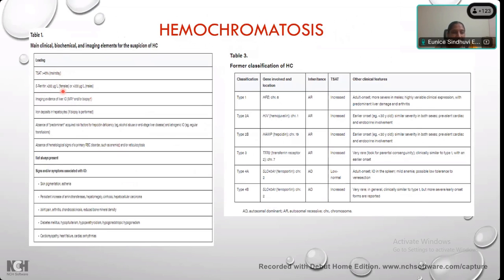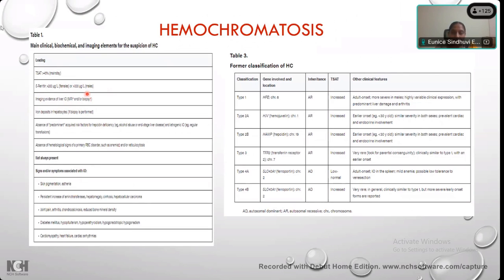And then serum ferritin more than 200 in females and more than 300 in males. And we can do liver MRI for iron overload and or a biopsy of the liver to see iron deposits; these can be additional things. Other things are clinical evaluation, which can show skin pigmentation and arthritis and other findings which can help us to suspect hemochromatosis.